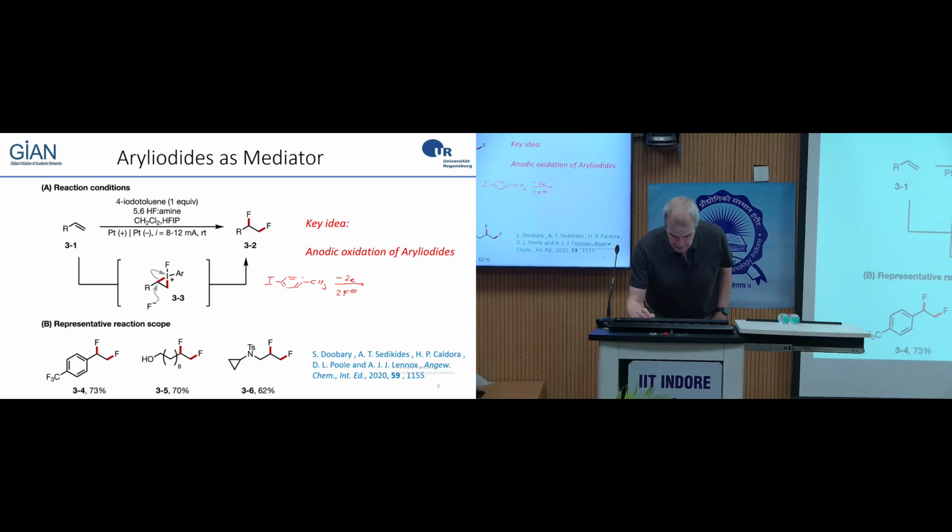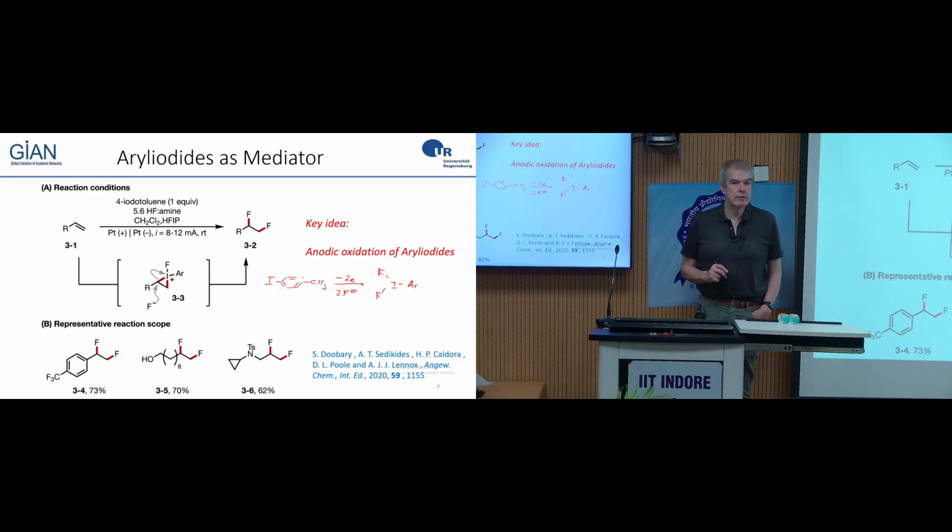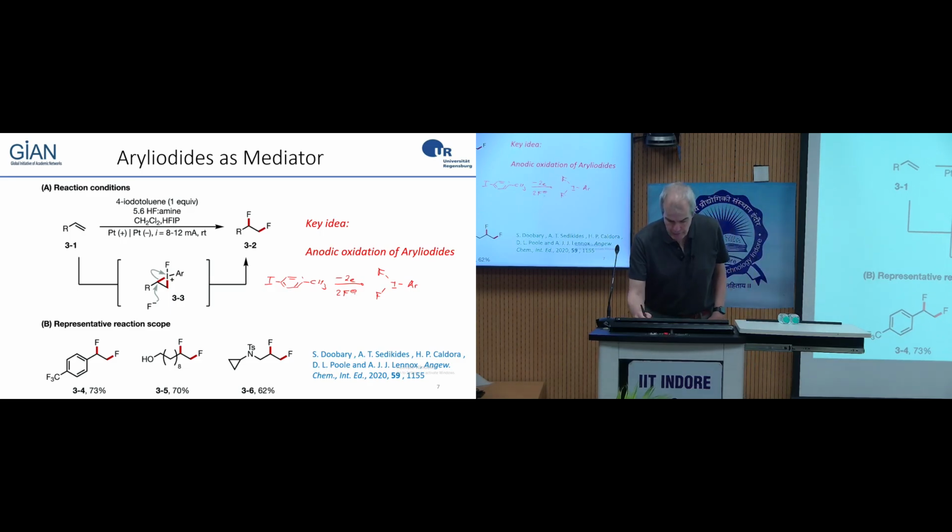I can talk about if this is the best way, but if you take away 2 electrons, you could accommodate the 2 fluorines here, right? Because we have 2 F minus, we take away 2 electrons, and then we could have such an iodine 3 process. It's probably stepwise, right? 1 electron is taken away, 1 fluoride might add, and then a second electron is taken away.